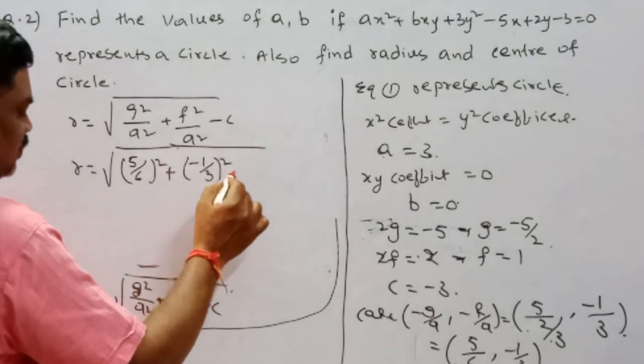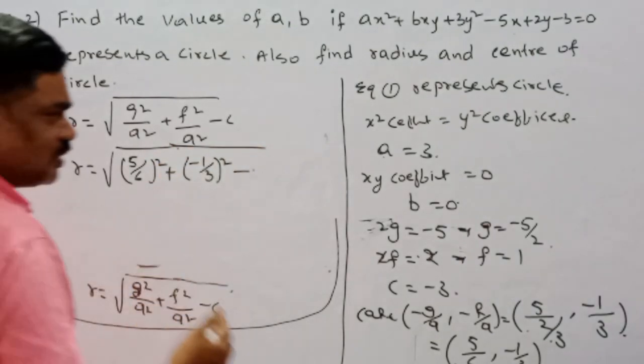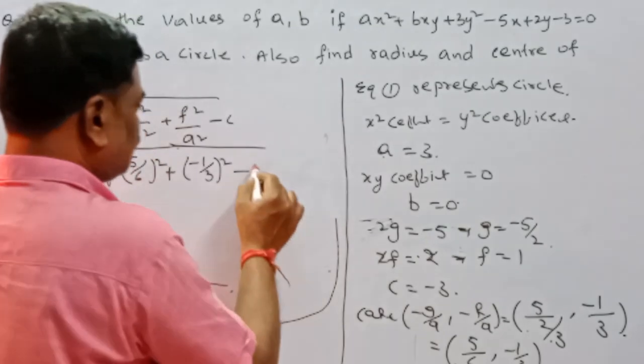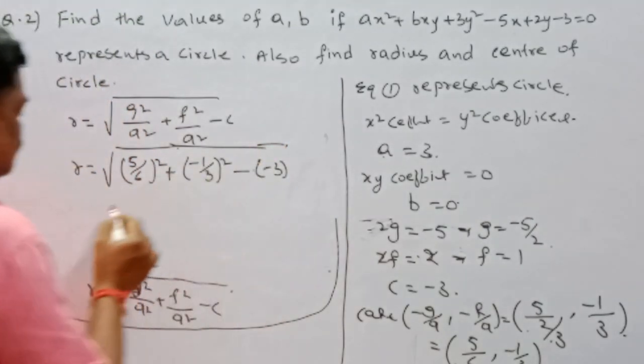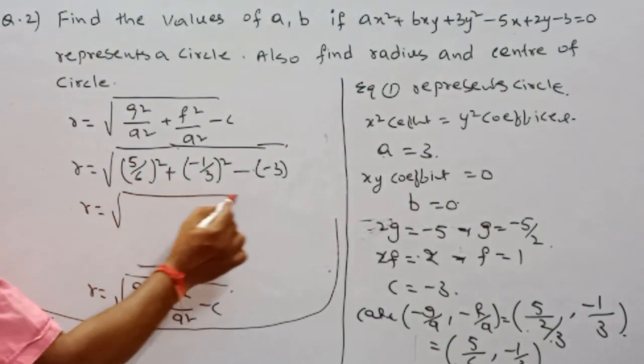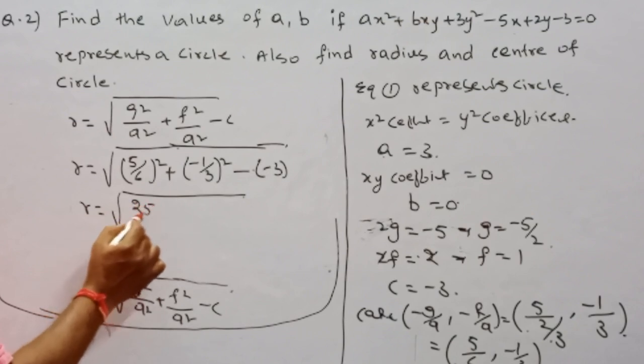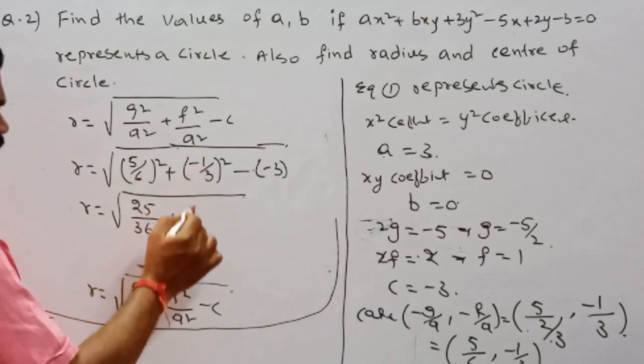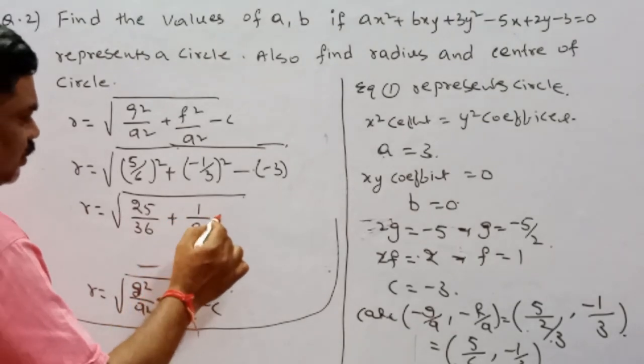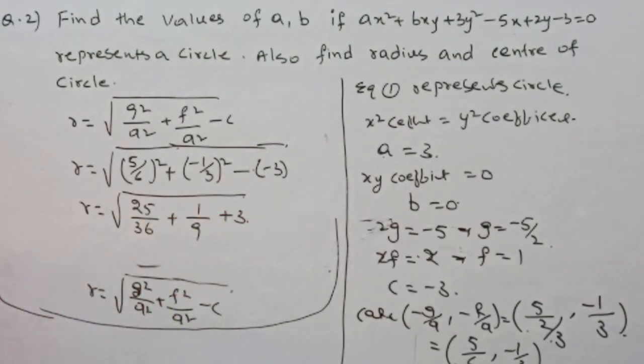Plus minus c. What is the c value? c is equal to minus 3. So R is equal to root over 25 by 36 plus 1 by 9 plus 3.